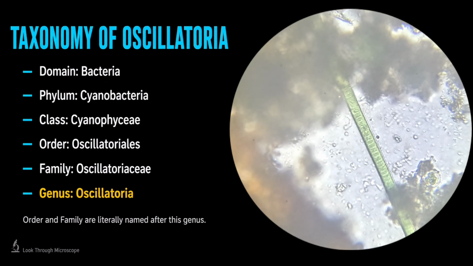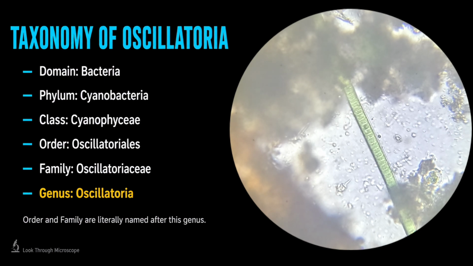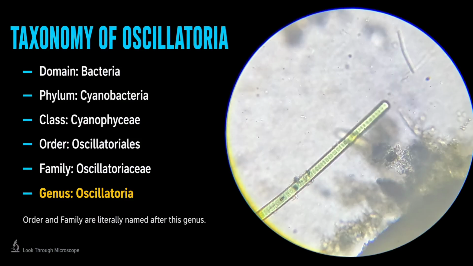Before we go further, let's actually place this organism properly, because taxonomy tells a story. This comes under the domain bacteria. Unlike other microorganisms you have found, which come under eukaryote, this comes under the bacteria domain. Yes, a true bacterium, not a plant or an algae. It comes under the phylum Cyanobacteria, the blue-green oxygen-producing bacteria group.